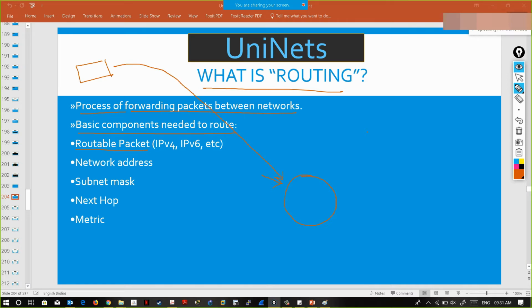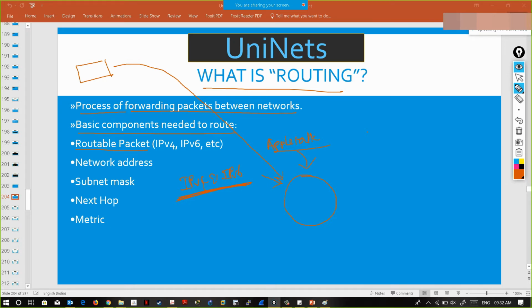If I am running IPv4 and IPv6, it can only route these protocol packets. And if there is a packet of AppleTalk, it cannot. Why? Because the router doesn't know what AppleTalk is. We didn't even enable that protocol on this router.